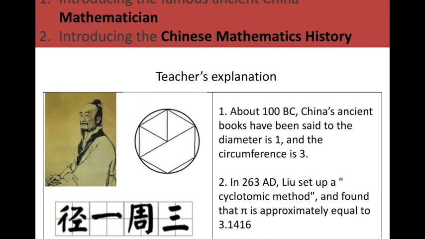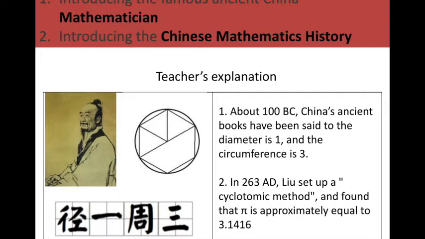Part 2 of the lesson is the introduction of the class. First of all, the teacher will introduce the famous ancient Chinese mathematician to the students. The teacher will tell them that around 100 BC, China's ancient books said that in a circle, when the diameter is 1, the circumference is 3.